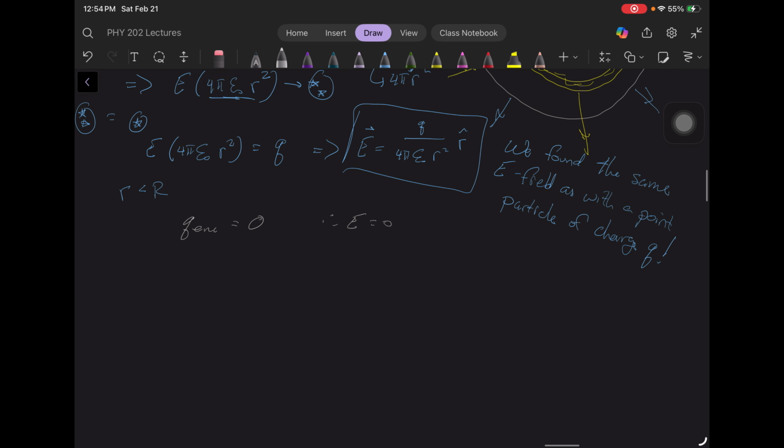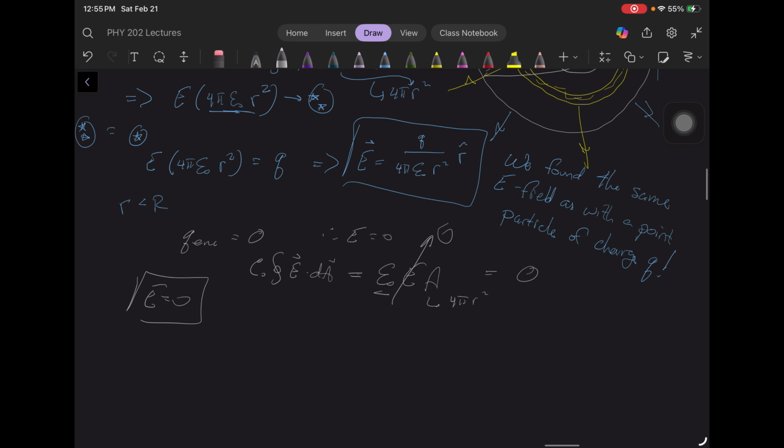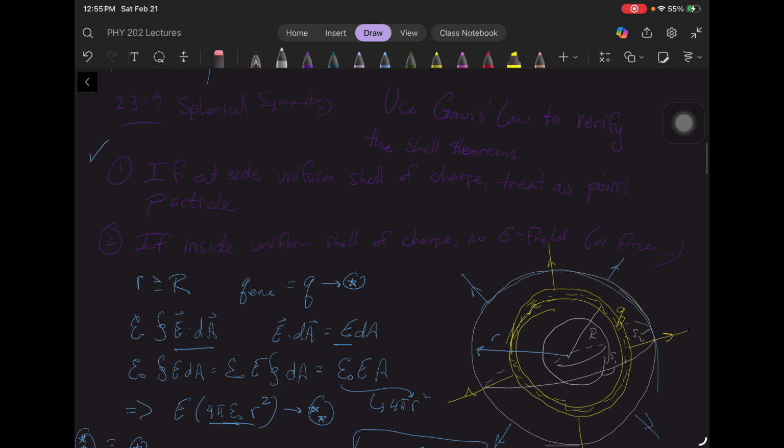If we look at the left-hand side, epsilon naught E dot dA is just equal to epsilon naught EA. And so the area is 4 pi r squared. Epsilon naught's not 0. That's equal to Q enclosed, which is 0. So the only way this works out is if the electric field is 0. And there we go. We have validated both the shell theorems.